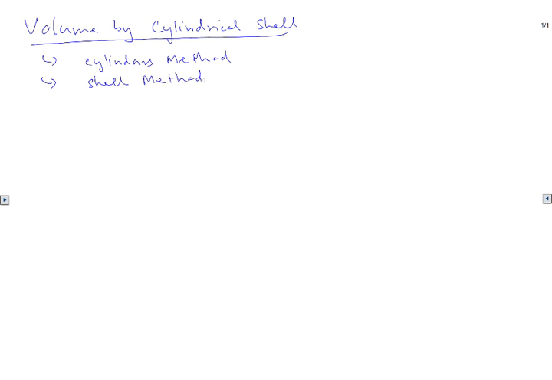Why do we call it the shell method? In this section we're gonna cut the region, we can split the region into shells, so it's like this shell. We're gonna break the region into small shells like that, and then find the volume of one such shell. So we only have this part.